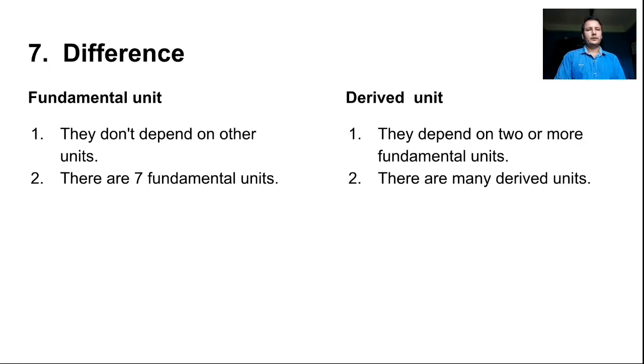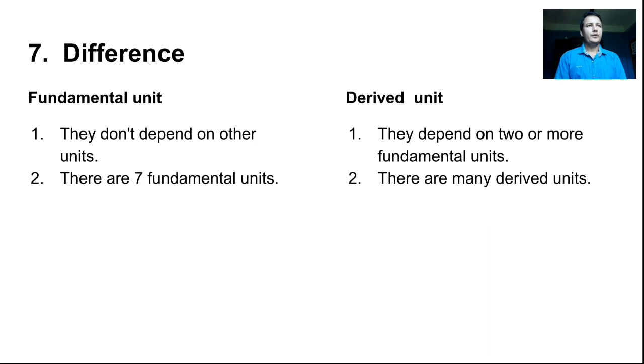Now another difference between fundamental unit and derived unit. We have read these 2 types of units. Now let's see what are the differences between them. First one, fundamental units don't depend on other units, but derived units depend on 2 or more.